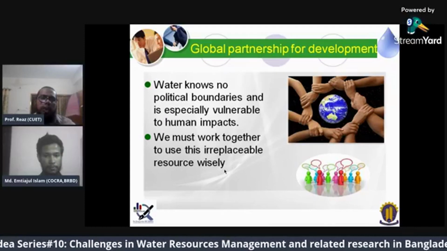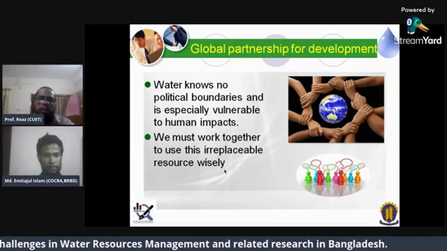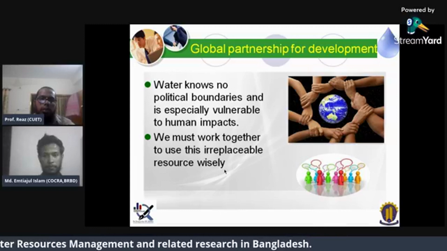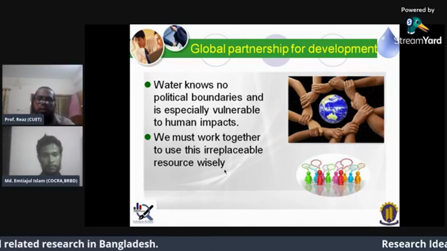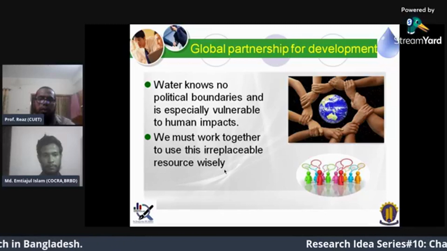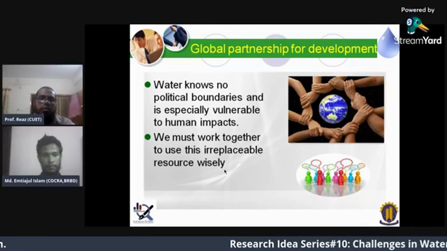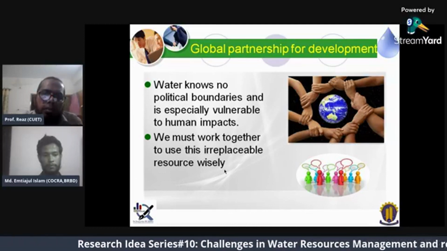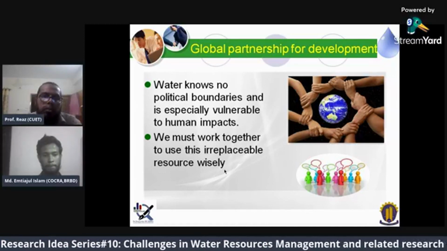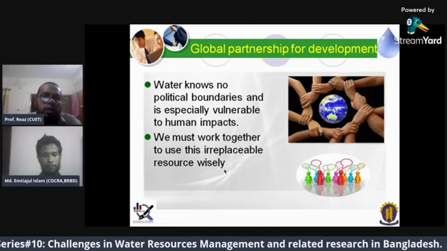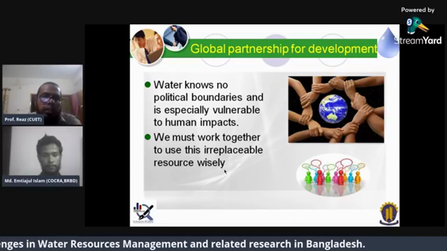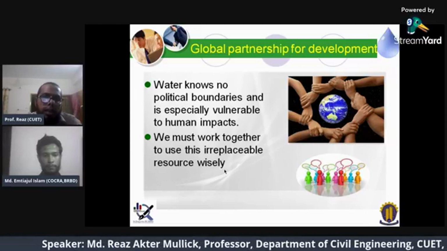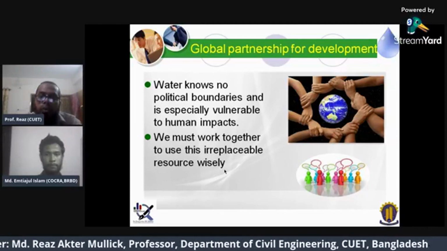Global partnership is another big issue, particularly in transboundary water. Water is such an issue that many countries are fighting against each other because of the rivers, because of the water. Water does not know any political boundary, and it has its own boundary.